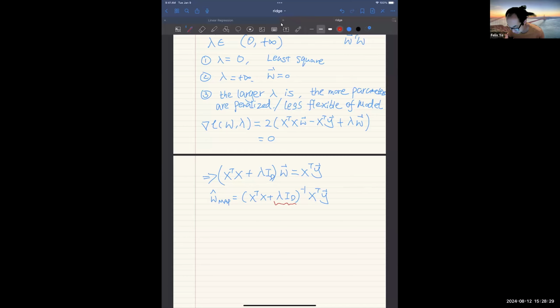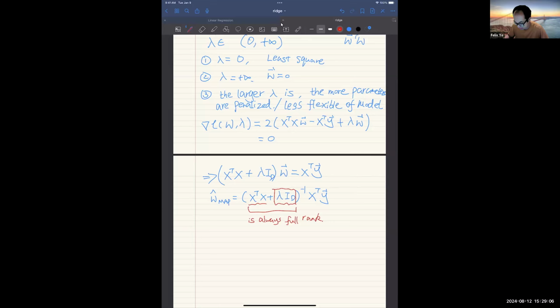The only difference between least squares and ridge is this additional term inside of X transpose X. As a result, whether X transpose X is full rank or not doesn't matter, because once you add lambda times the identity of D, this whole thing is always full rank, regardless of the property of X. So you can see this is quite important.